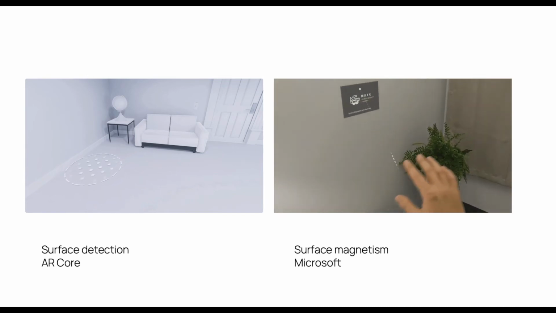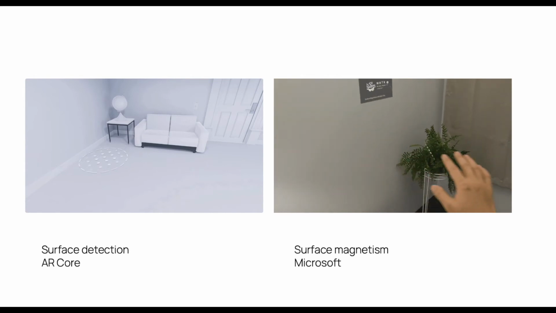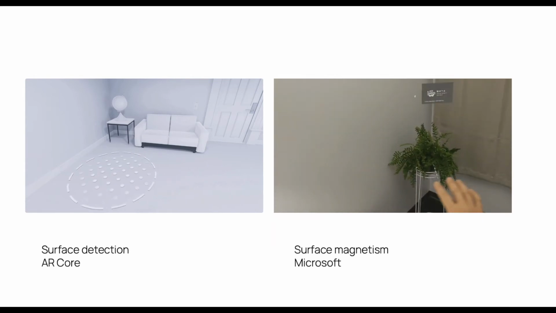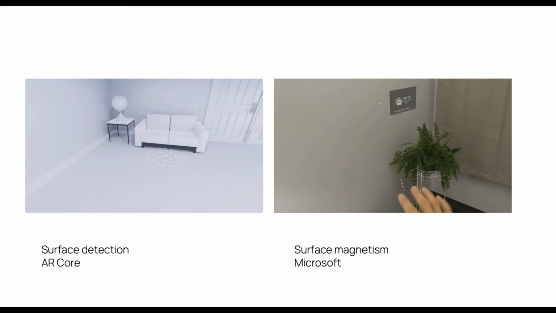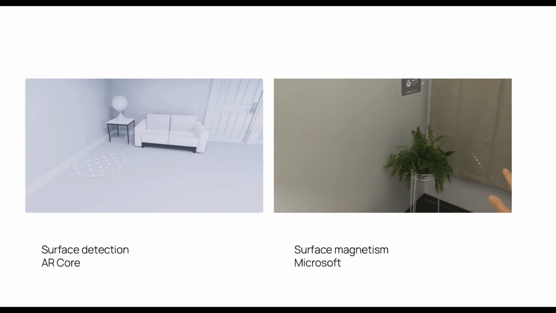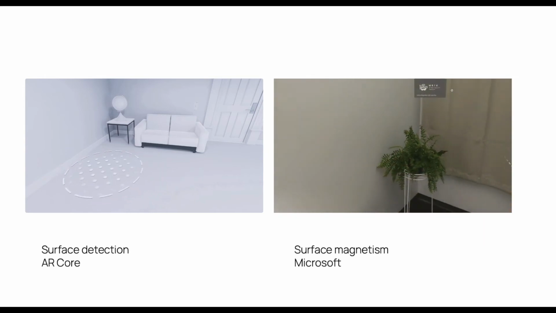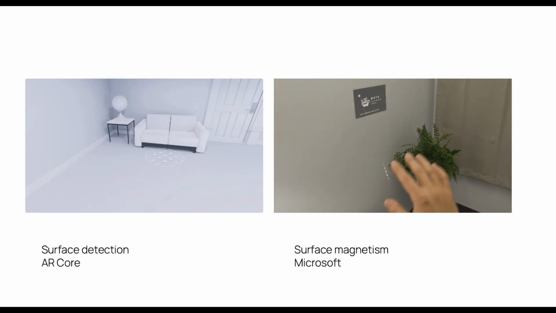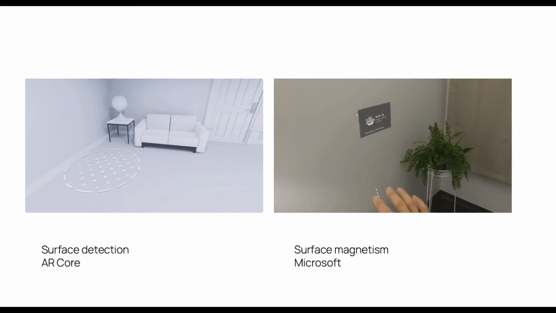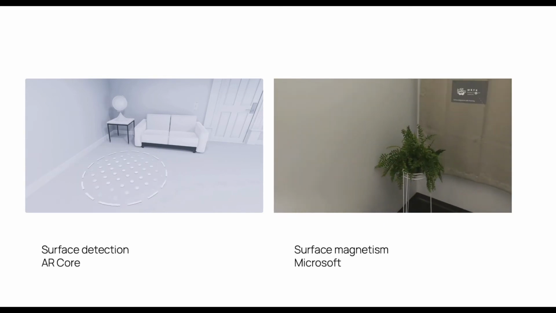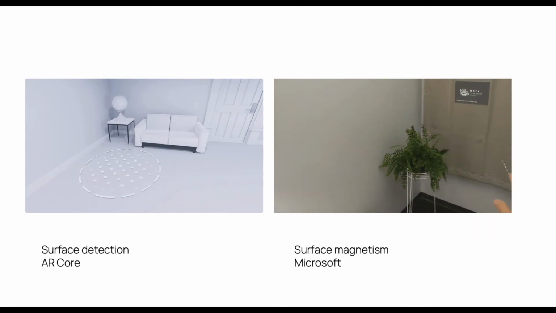We need to show them that the ideal conditions for using it are A, B, C, and list them. So you can include, for example, preview graphics of how it's going to look, or instructions in the application before they actually start using it. For example, one of the ways you can introduce this is by visually showing the surface detection, so they can see how the application is interacting with their space.